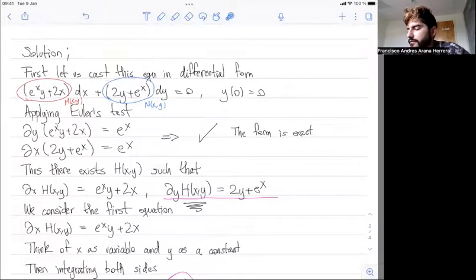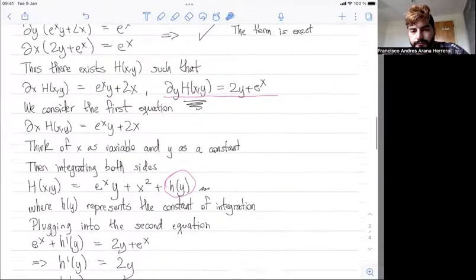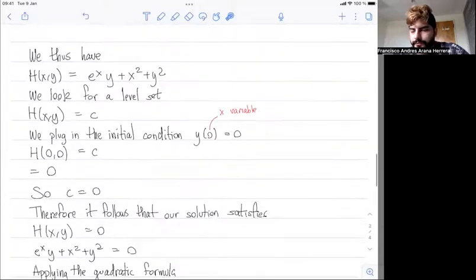You're given a differential form. You want to solve the corresponding differential equation. First thing you ask: is the form exact? You apply Euler's test and check that it's exact. Once it's exact, you set up the equations that would define the integral, meaning these two equations over here. Then you solve those two equations by first integrating one and then plugging into the other, in whichever order is more convenient.